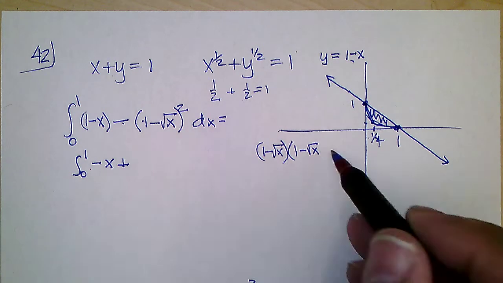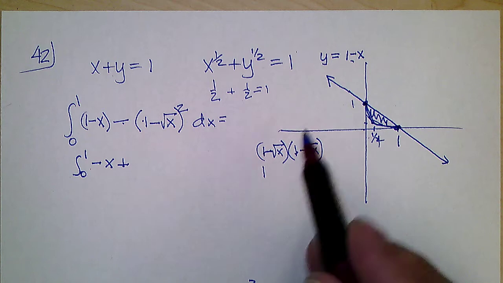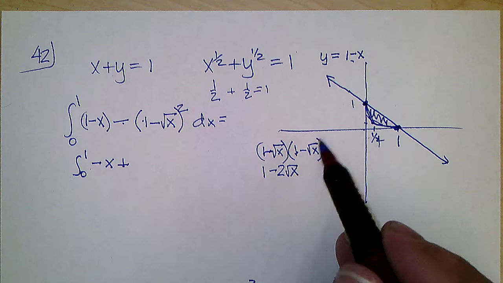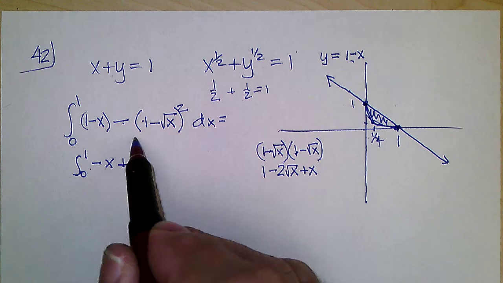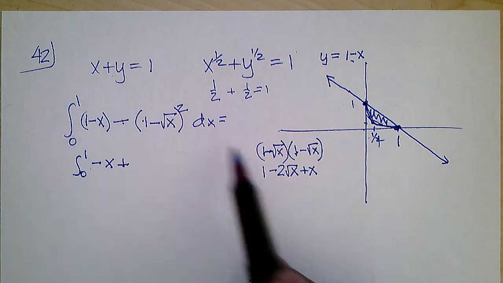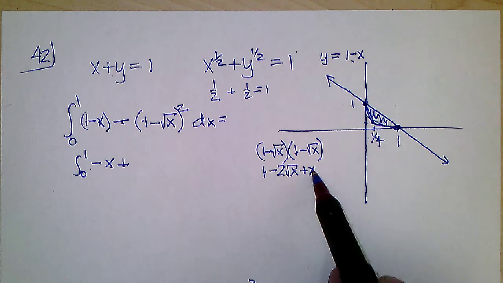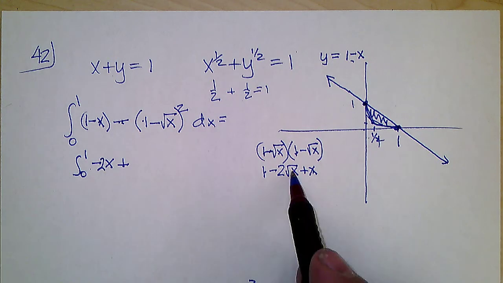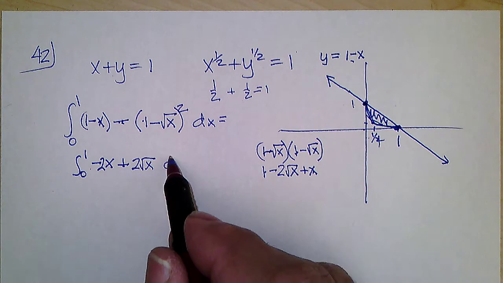I'm going to get 1 times 1 is 1, minus the square root of x, minus the square root of x, minus 2 square roots of x, and then minus square root of x times minus square root of x is plus x. So I've got 1 minus 1, which is gone. I got minus x, minus x, which is minus 2x. And then I've got minus a minus 2 square root of x, which is plus 2 square root of x dx.